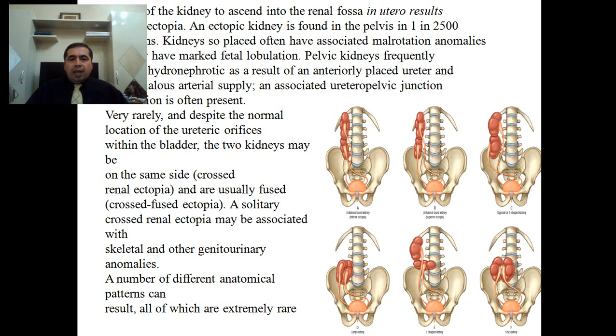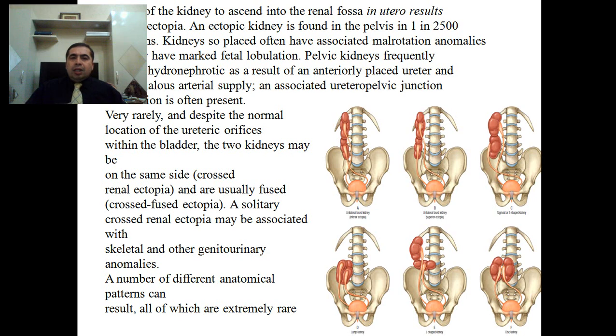Kidneys so placed often have associated malrotation anomalies and may have marked fetal lobulation. You have to know the surface of the kidneys is smooth, but sometimes we can observe they are lobulated. Why? Because in the newborn the surface of the kidneys is lobulated, since the renal cortex doesn't develop fully.